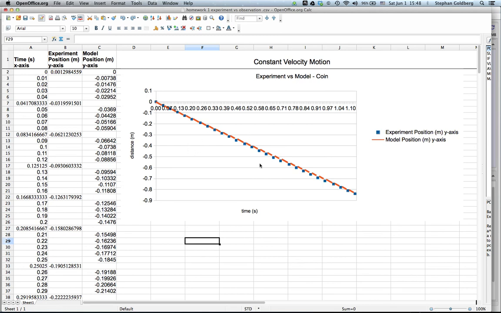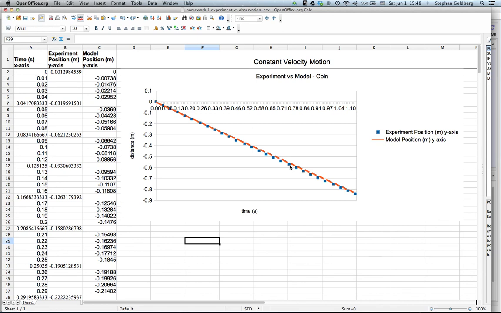Now looking at this data, we see that the model matches the observations pretty closely in the first half of the experiment. But the observations start to deviate from the model in the second half of the experiment. The reason for this is either that mistakes have been made making the observation, and the observations aren't correct, or the model doesn't fit, meaning we need to refine the model.